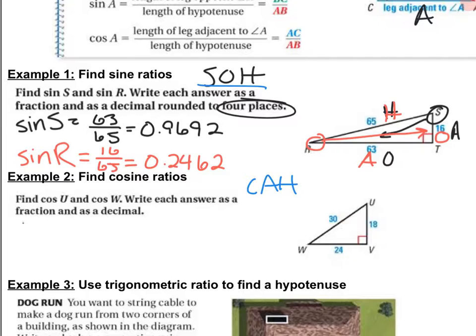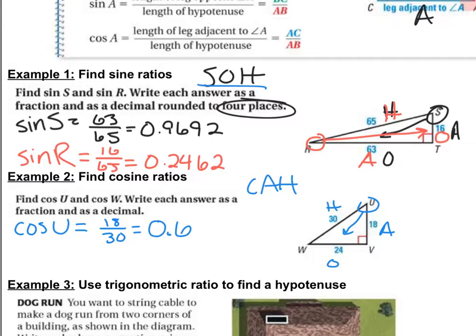When we're talking about the cosine of U, we are always talking about U here. Across from it is our opposite, connected to it is adjacent, and then the hypotenuse. So adjacent over hypotenuse is 18 over 30. 18 divided by 30 gives us 0.6.